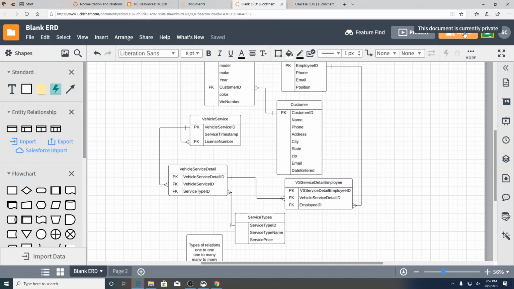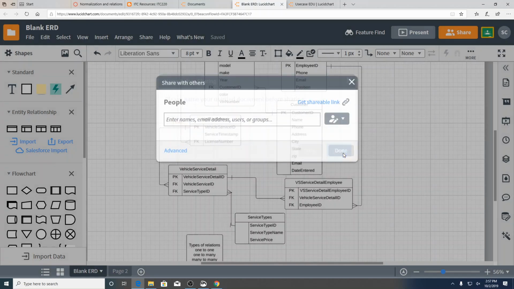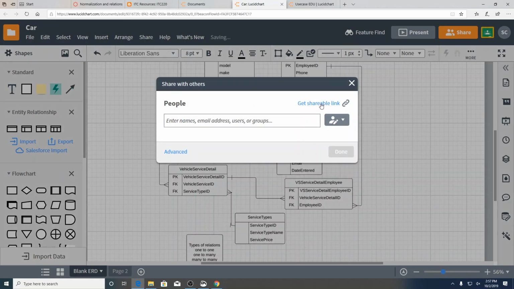You could share the document with me. If you do share, you should name it. So I'm just going to call it car. If I save that, it'll get a shareable link.